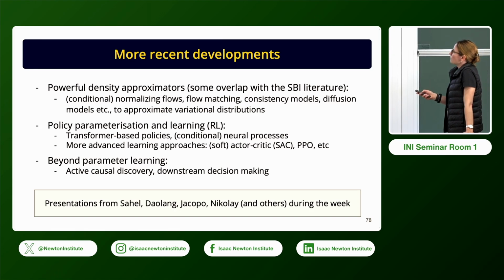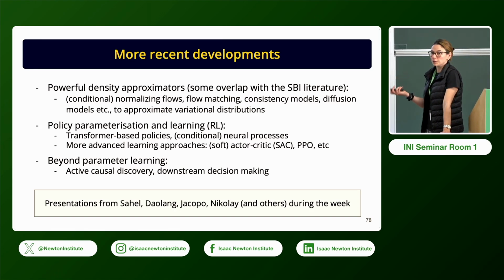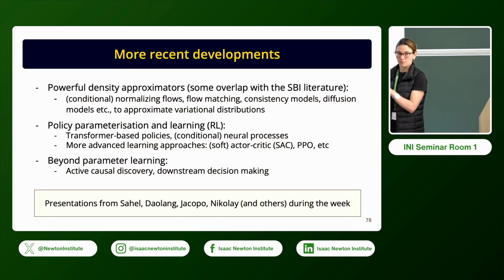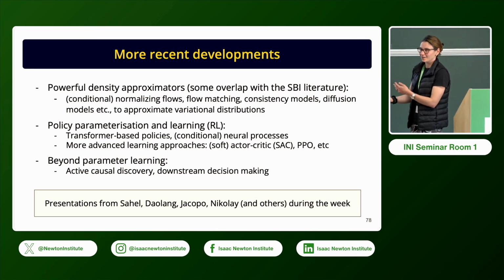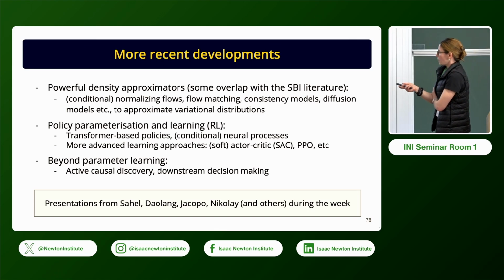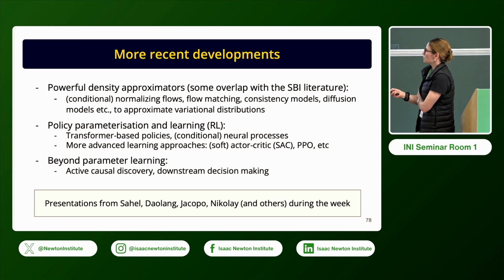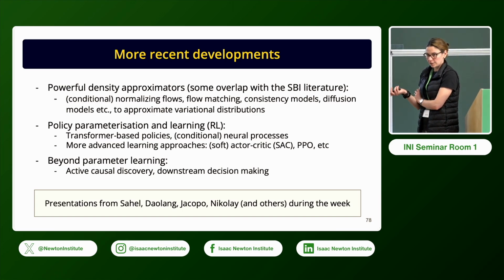Then there are developments in policy parameterization and policy learning, moving more towards the reinforcement learning literature, which is all about learning policies and optimal decision making. We've seen some work that uses transformer-based architectures to parameterize the design policies, also conditional neural processes, and so on. This lets you learn much more complicated and flexible design policies.